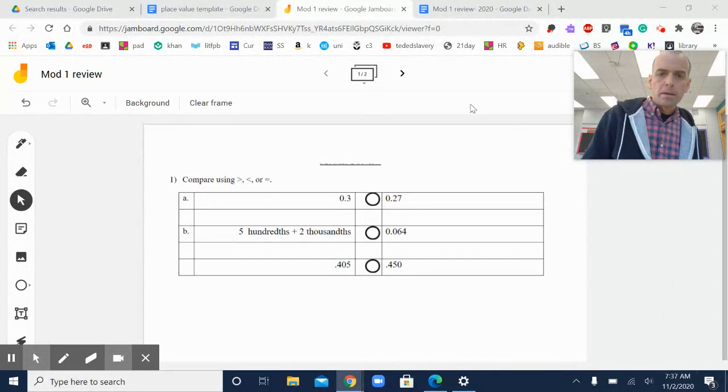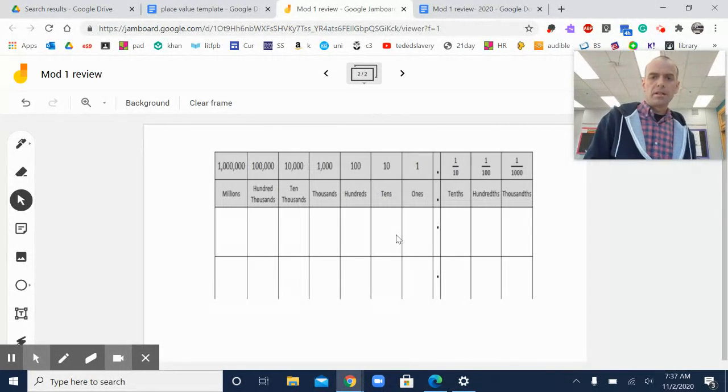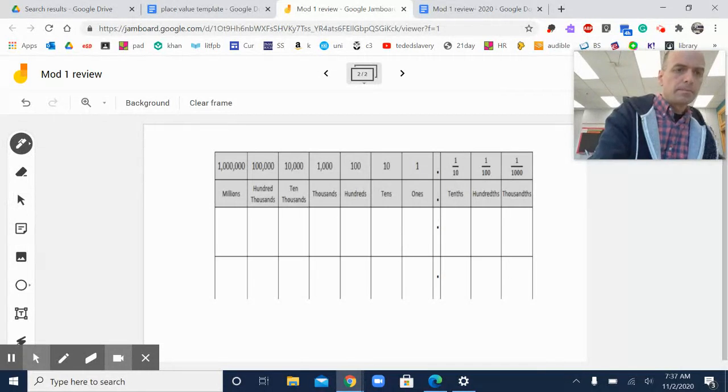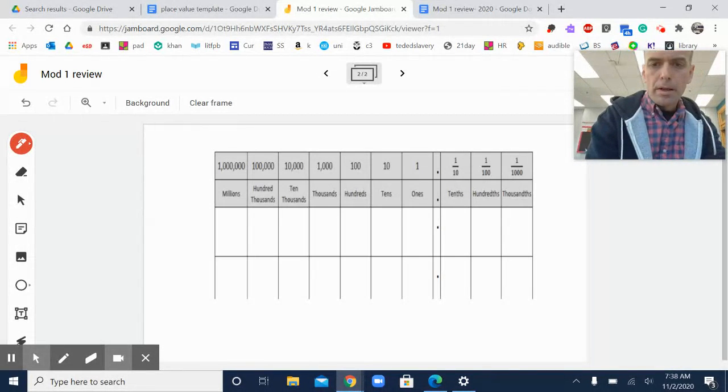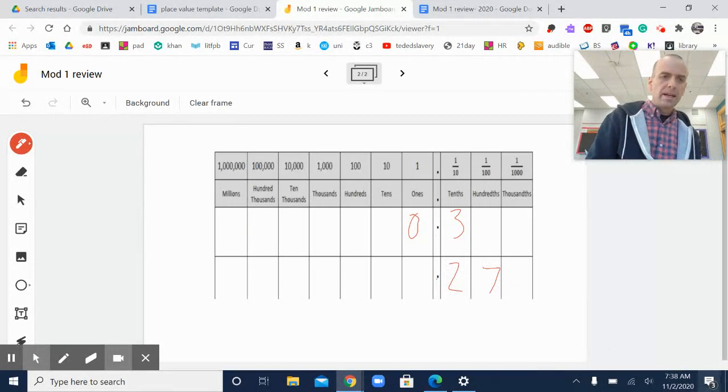So number 1, 0.3 versus 0.27. All I do is I put this on my SmartPal. I put 0.3 and 0.27, and then I compare them.